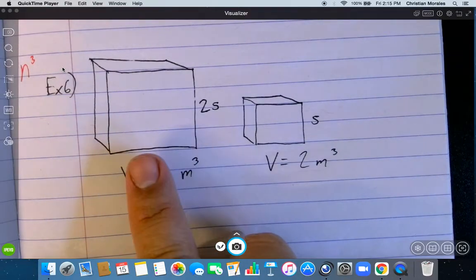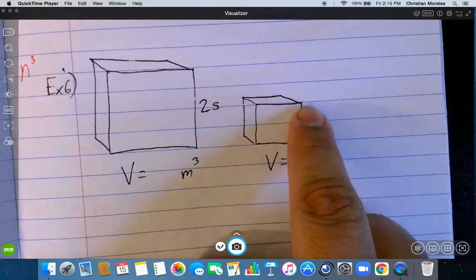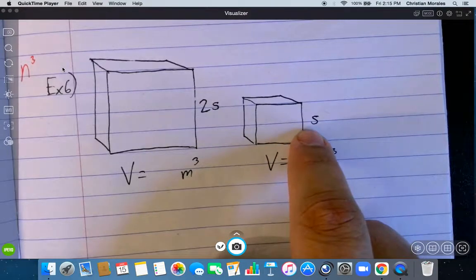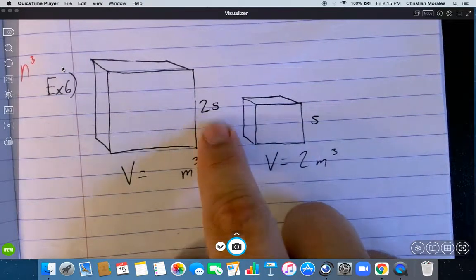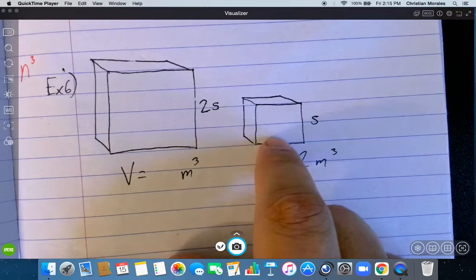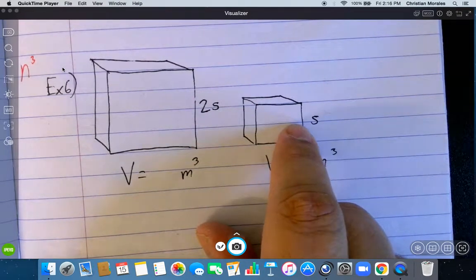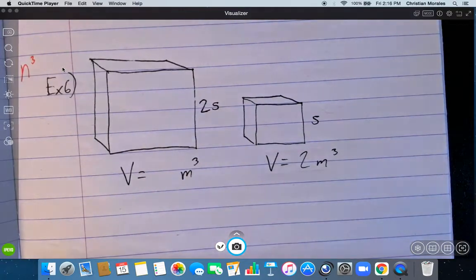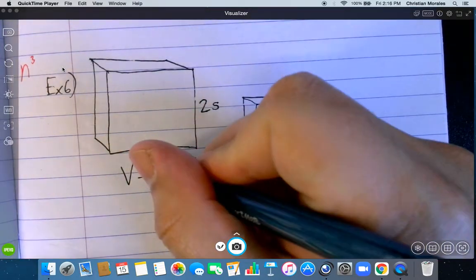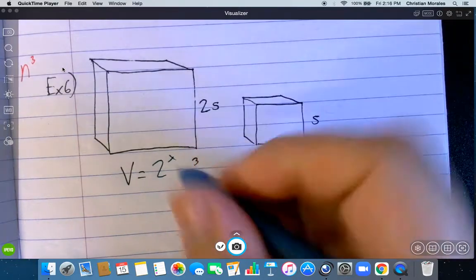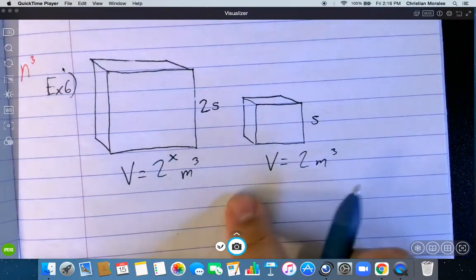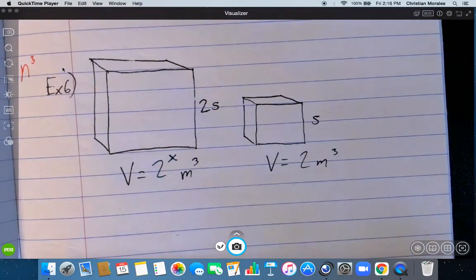Because the one piece of information they give us is that this side is half the size of this. So this tank is double the size, double the length, double the width of this one. So the volume is going to increase by 2, but how many 2's will it increase by?